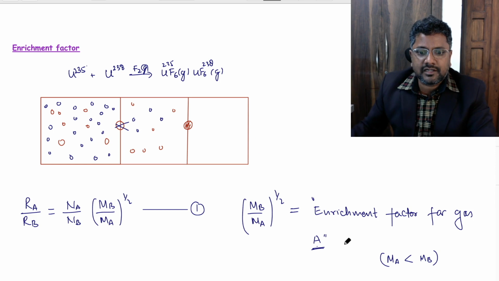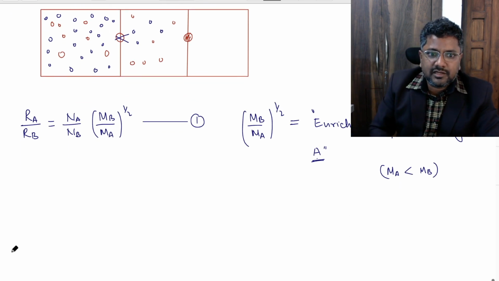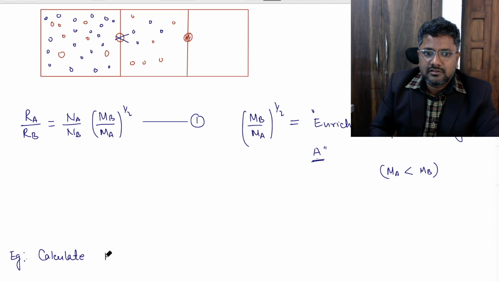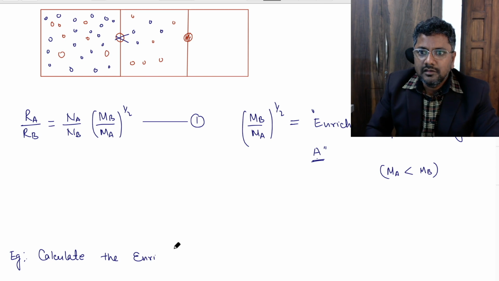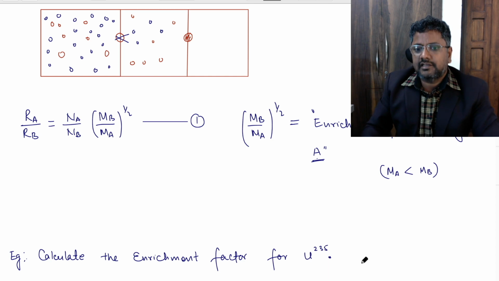Suppose you want to calculate the enrichment factor for uranium. Example: calculate the enrichment factor for uranium. So uranium 235, right? This is the lighter isotope.